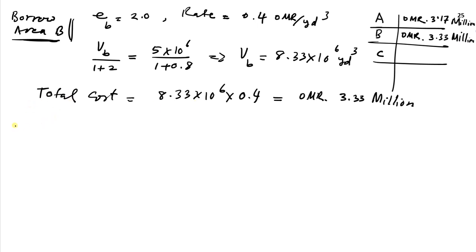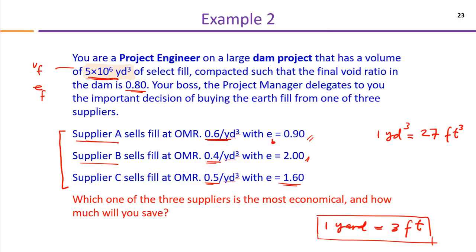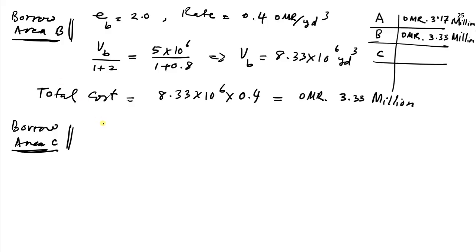Now let's look at borrow area C. Let's go back and see. The void ratio is 1.6 and the rate is 0.5 rial per cubic yard.